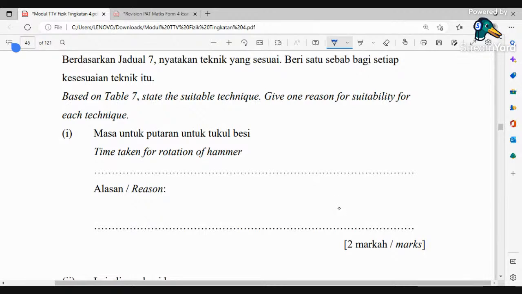Okay, so means they should rotate for longer time. So why longer time?